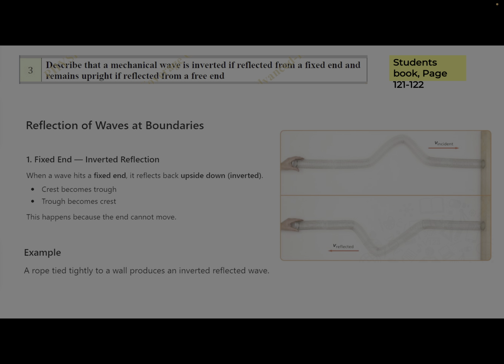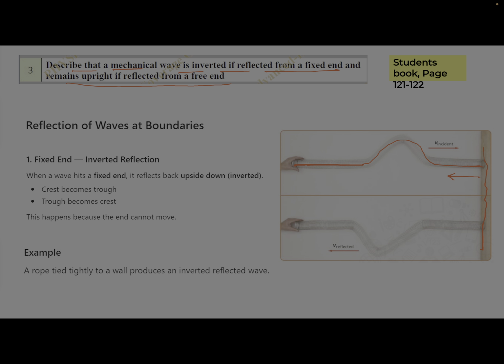Now the third objective is, describe that a mechanical wave is inverted if reflected from a fixed end and remains upright if reflected from a free end. What does it mean? If this is the wave, going like this as the incident wave, and this is some kind of barrier, when it hits here, it will come back.